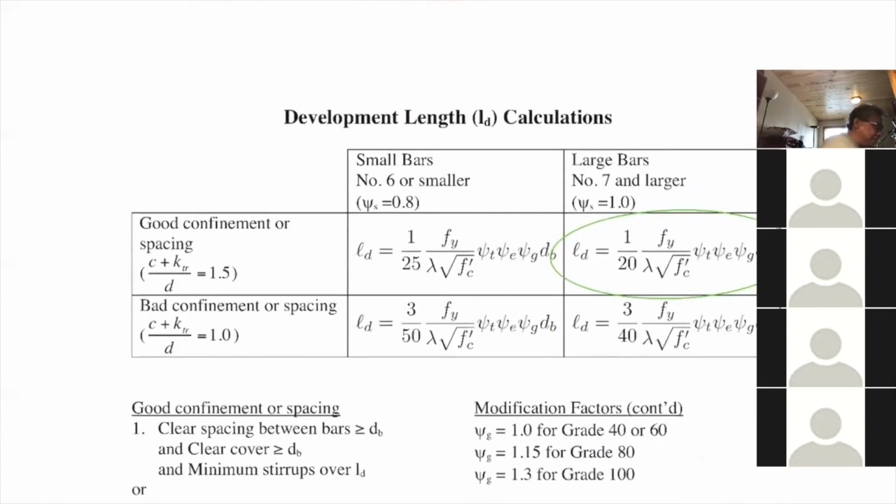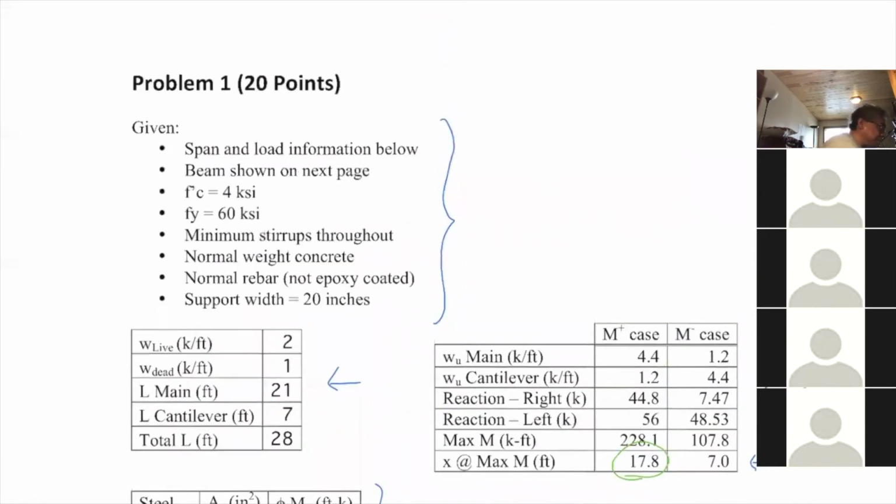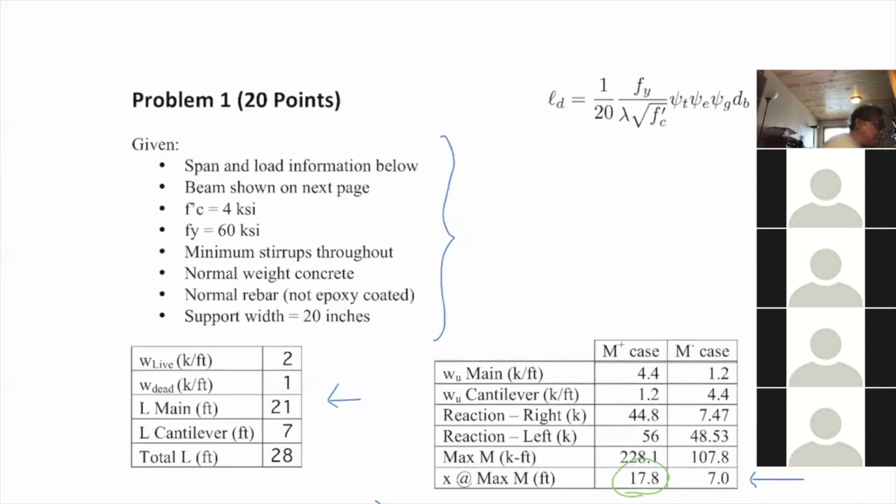As long as there's no ink, I can copy stuff. So I'm going to copy this equation, paste it up here with all the information. Okay, that's the equation for the number 9 bars. We're going to have to do this again for the negative moment, which are number 6 bars. Okay.